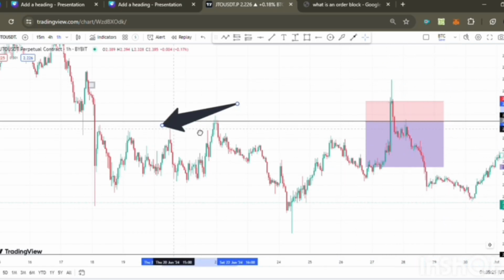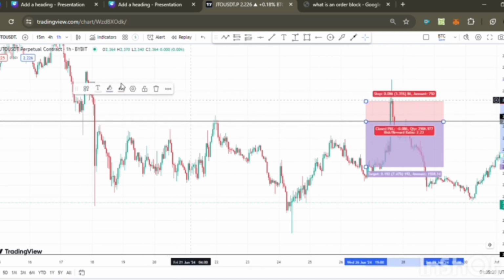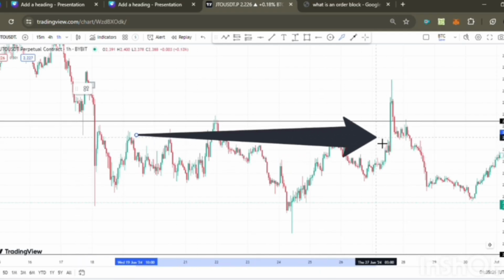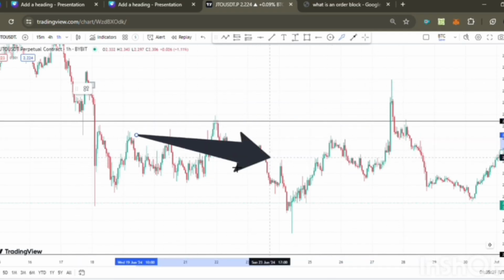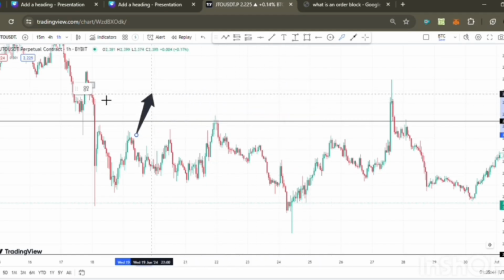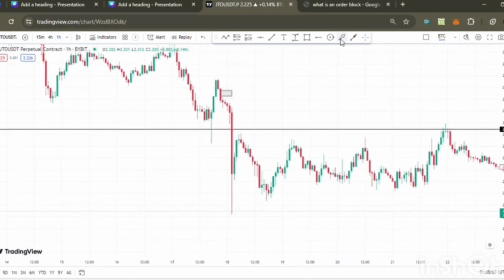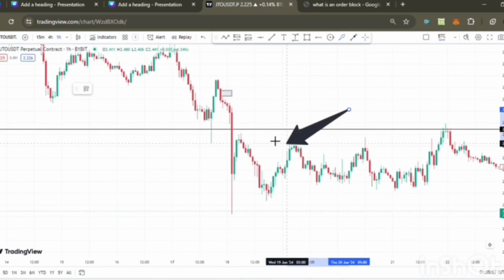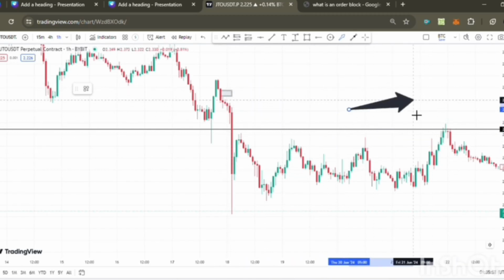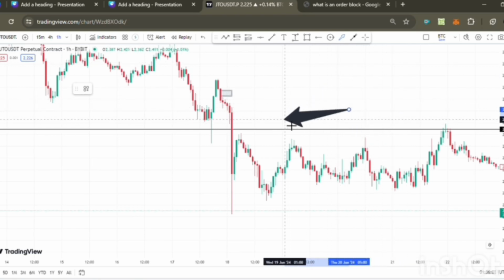So you need to be smart. You need to be making smart decisions. Since you have seen that the market is building liquidity here at the top, this ranging market, and you have spotted this strong order block above this ranging market, in the middle of this liquidity, what I will do is this.